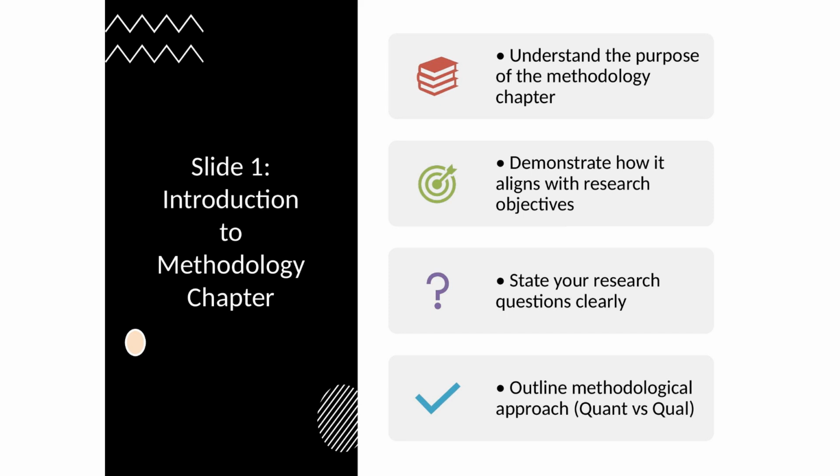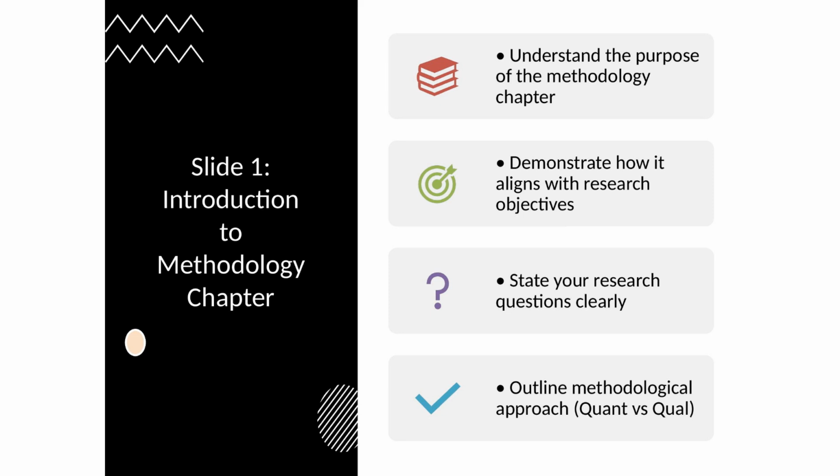The methodology chapter plays a critical role in any dissertation, showing how the research is designed to address specific questions. This section should begin by stating the purpose and rationale behind the selected research method. You must also clearly identify your research questions to align the rest of your methodology to them.